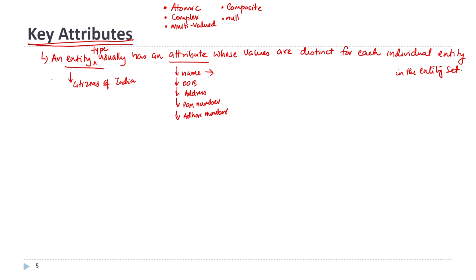There may be multiple people with the name Ayush, Akash, all those kind of things. There are so many people with the same name. Many of them will have the same date of birth also, and some of them will have the same address as well.